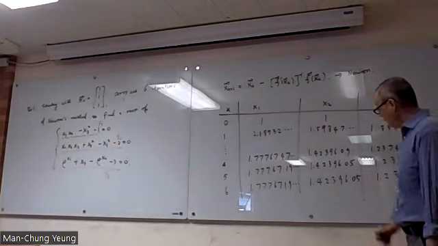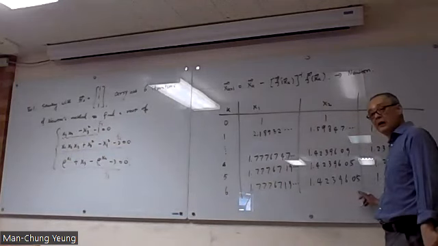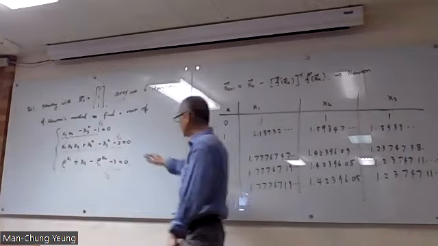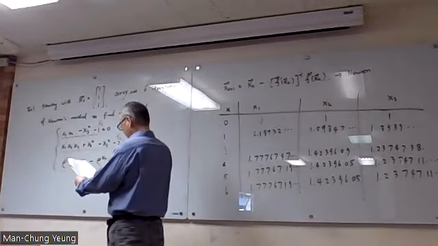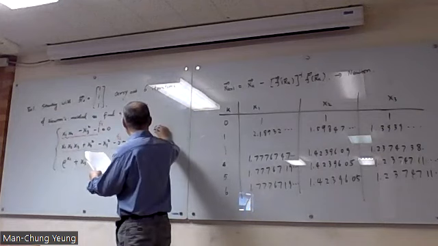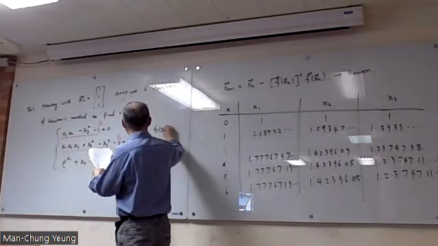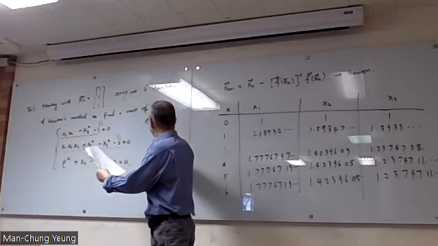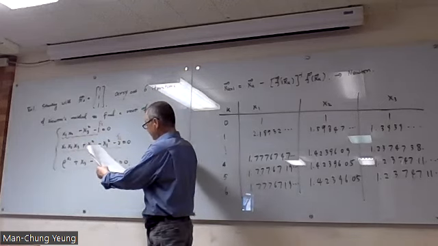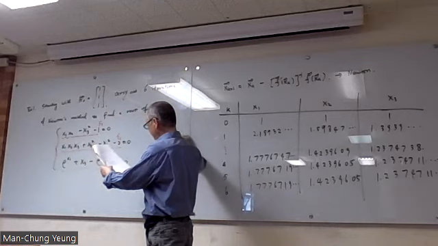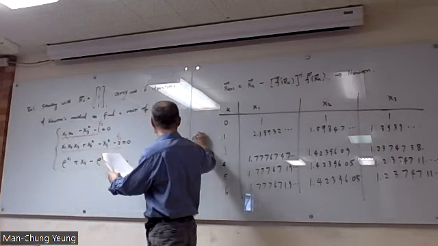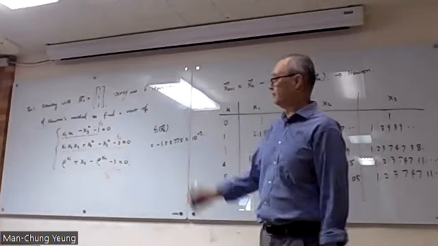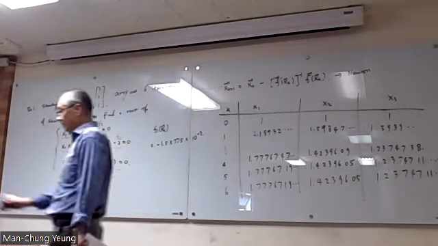Let me evaluate the function values at x6. F1 at x6 is negative 7.75 times 10 to the negative 7, close to 0.